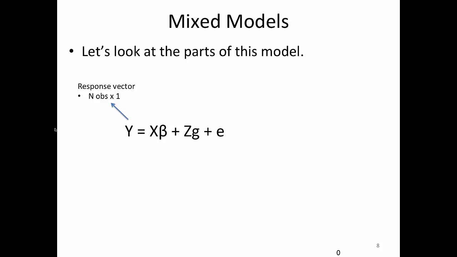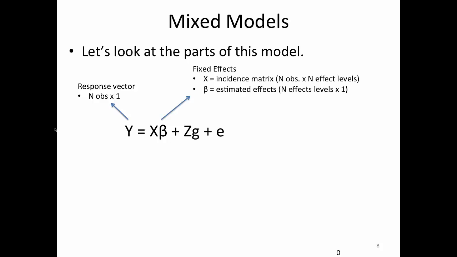So of course y is just your response variable. It's just a vector. You have the fixed effects term, which has what we call an incidence or a model matrix, and I'm going to show you what's inside of those in a moment. Those are going to relate the phenotypic observations in your data to the levels of the fixed effects. So it's going to be a matrix where the number of rows is the number of observations, and the number of columns is the number of levels of fixed effects.